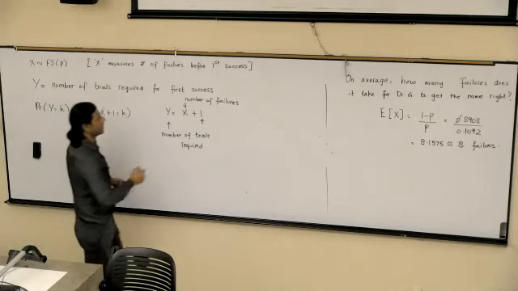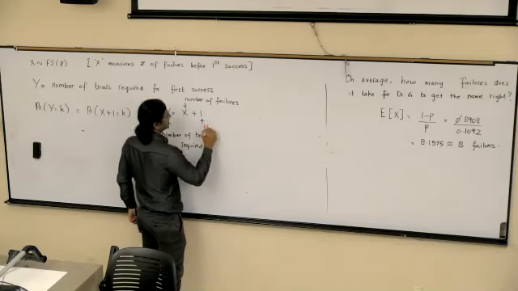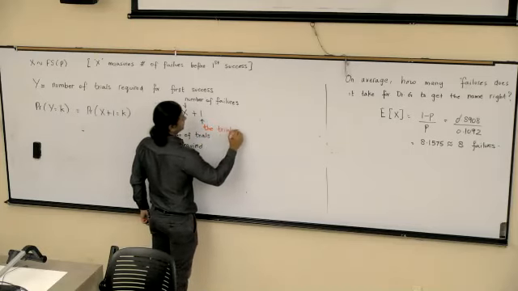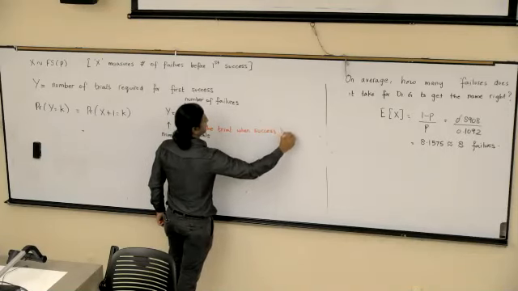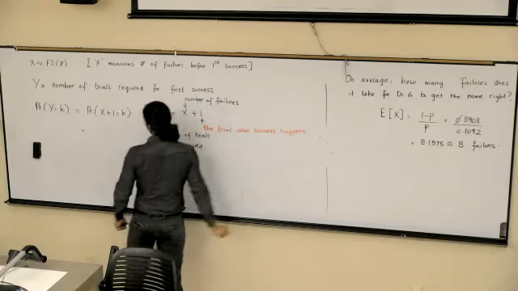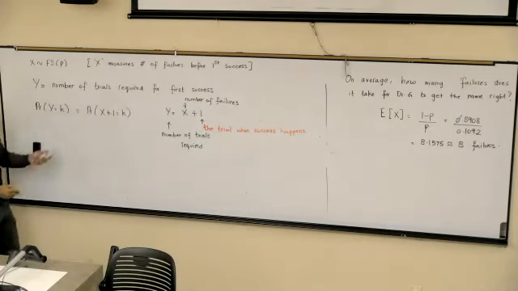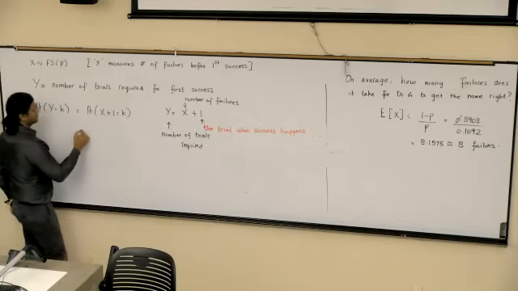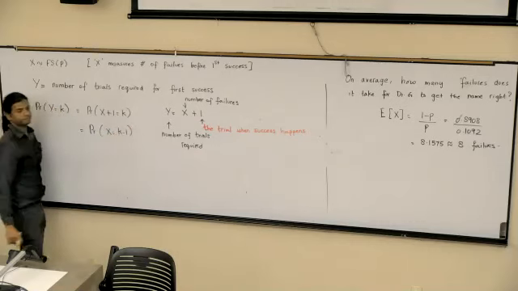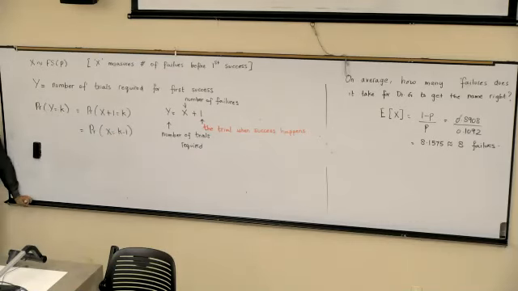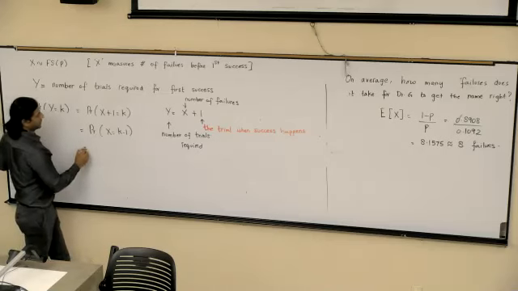That is that one trial where success happens. So if I want to find this, it would be equal to probability X is equal to k minus 1. Correct? So how would the formula change? K becomes k minus 1.